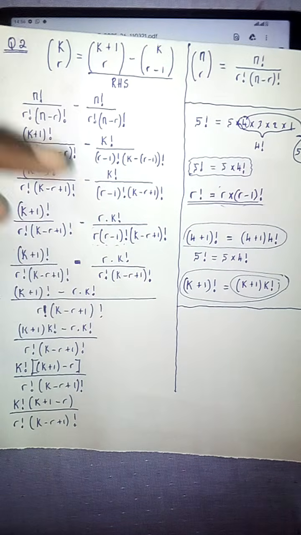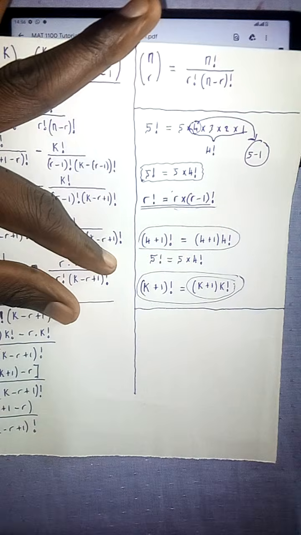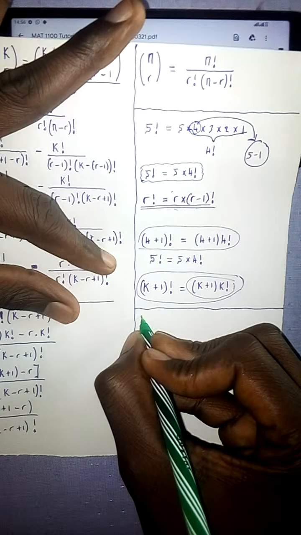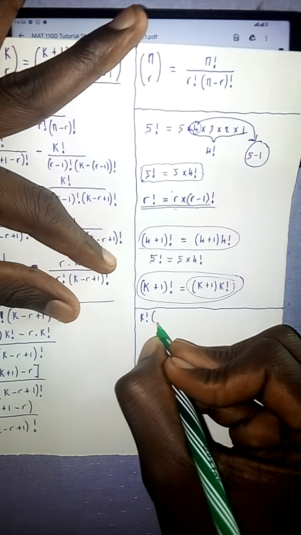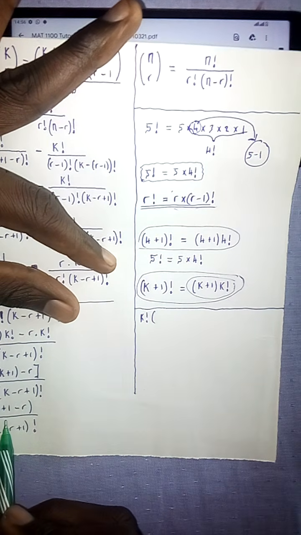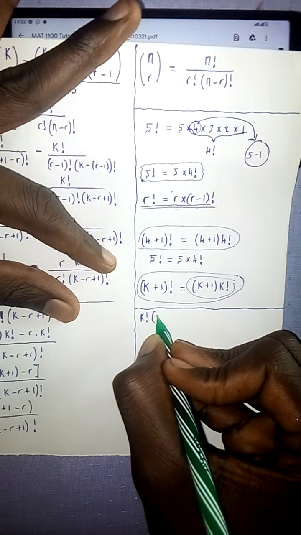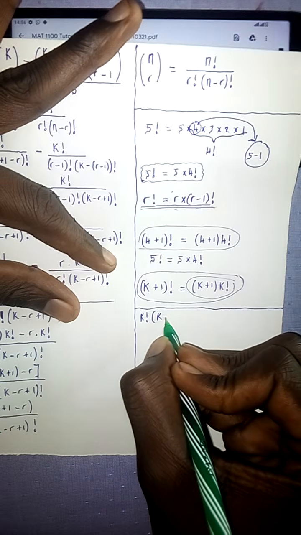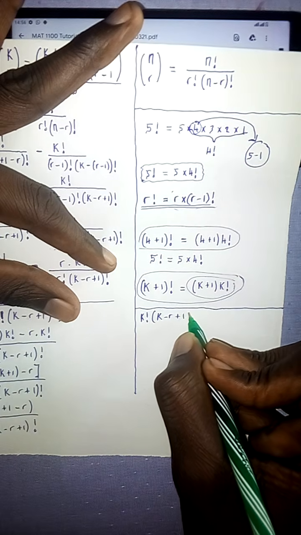I hope everyone was seeing. All right, so we have this. As you can see, this can also be rearranged, so it will be k minus r plus 1. That's just one and the same thing.